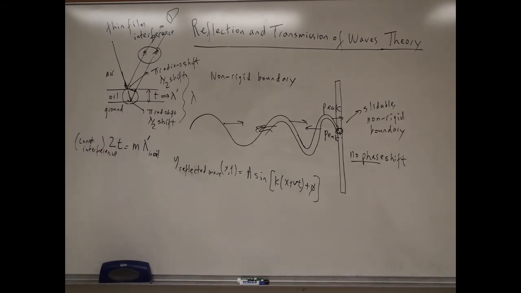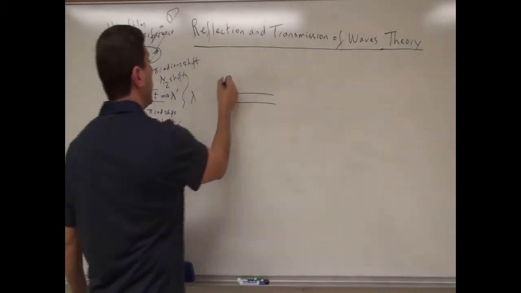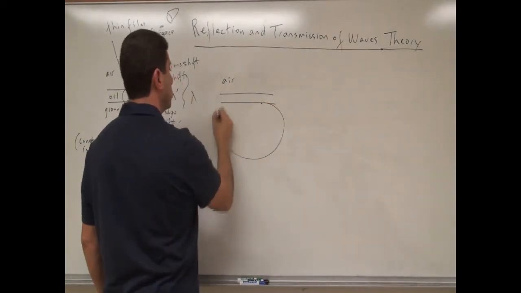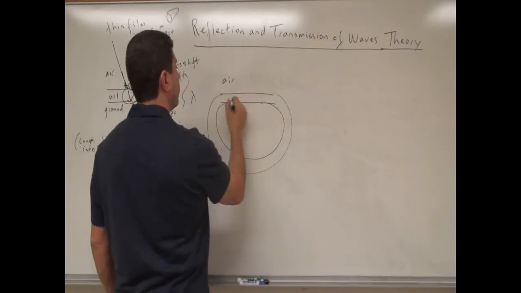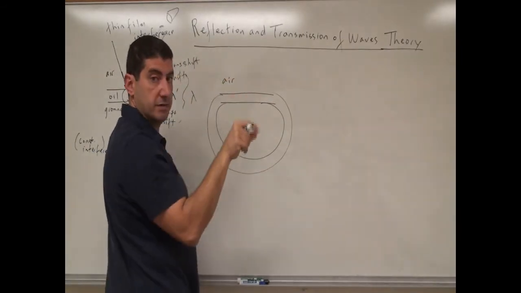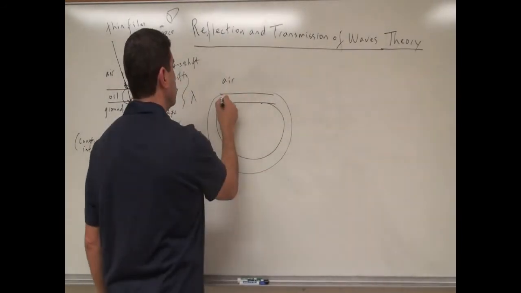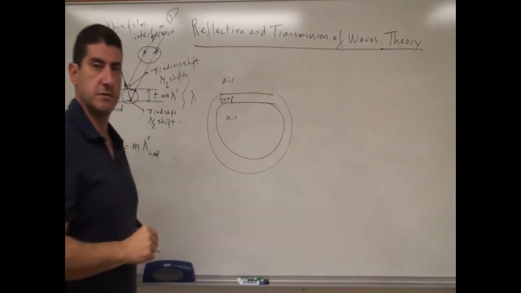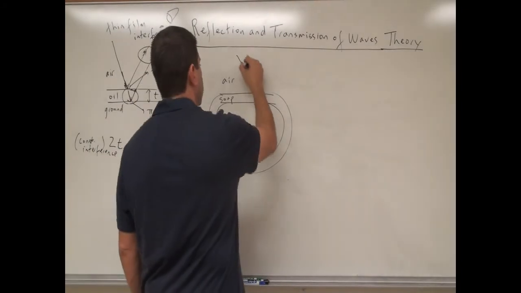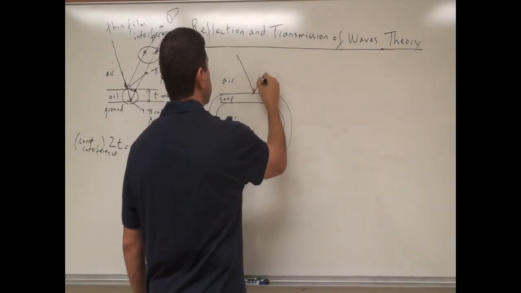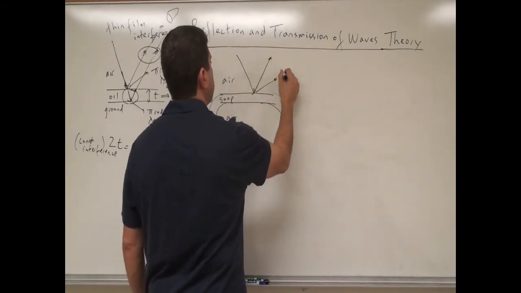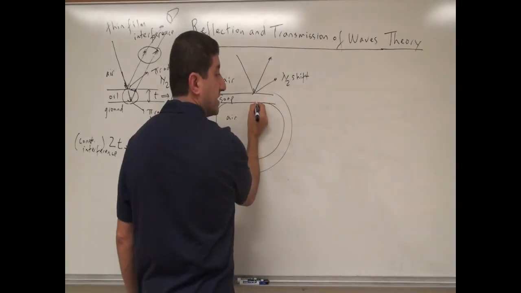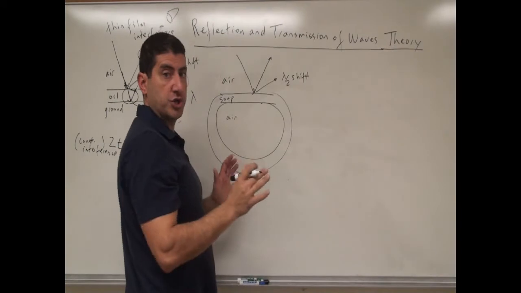Right? Now, instead of oil on ground, you have air, let's say this is a soap bubble. So you have a thin layer of soap, and then you have air, right? So then light comes, reflects, you have a half a wavelength shift. Then it transmits, but transmitted has no shift.